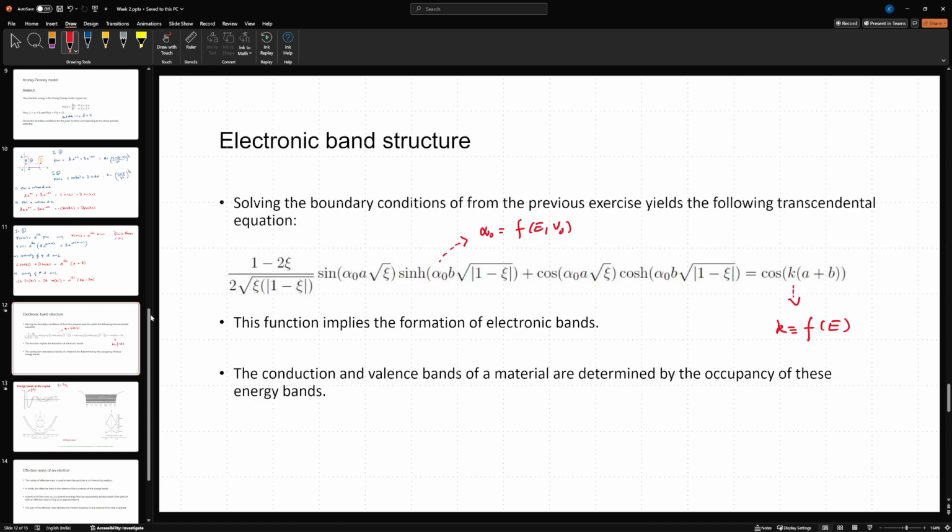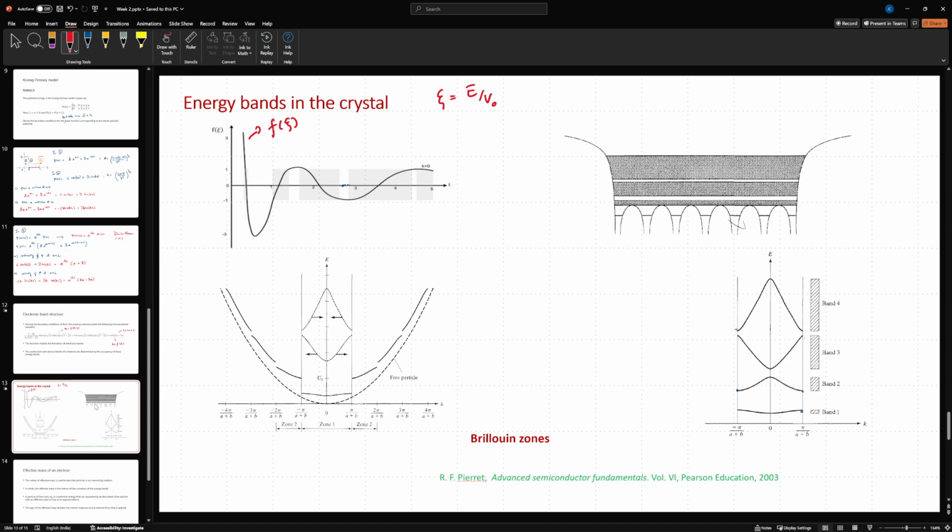Now I know the right hand side of that has to be cos k plus b, and we know this is minus 1 greater than or equal to cos greater than or equal to plus 1. So it is strictly bounded between plus 1 and minus 1. So we draw lines from plus 1 and minus 1, and we see where all it intersects this particular curve f of xi.